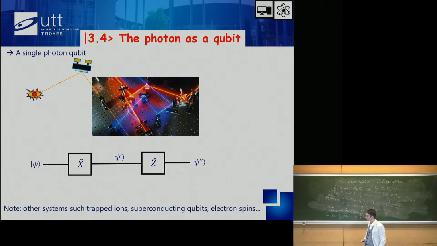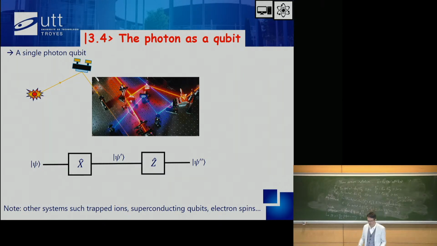Okay? Like I said, there are other systems which behave the same way, which we're not going to necessarily talk about, like trapped ions, superconducting qubits, and so on. Another example we will give are electron spins, but you have to be aware that, of course, when you start to go into physical systems, then you go into a different world.